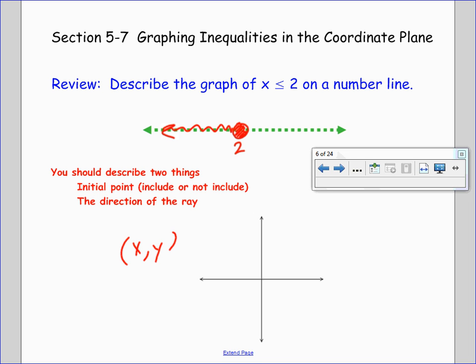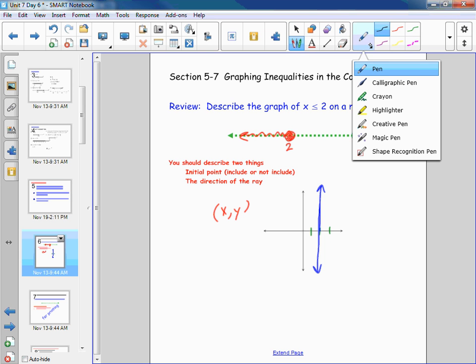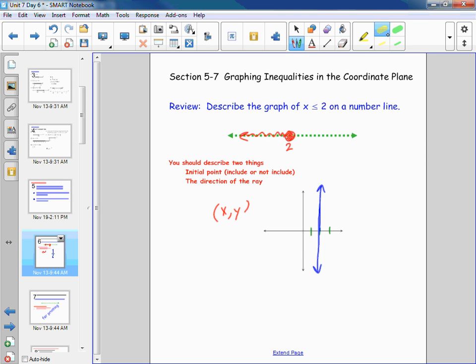So I go to my boundary line. It looks like x equals 2. Do I include it? Yes, because it was or equal to, so I'll make that solid. And now I'll highlight or shade everywhere to the left. I'm going to use the highlighter tool because that's pretty sweet, and we'll shade everywhere to the left of that, including the boundary line. That's pretty awesome.